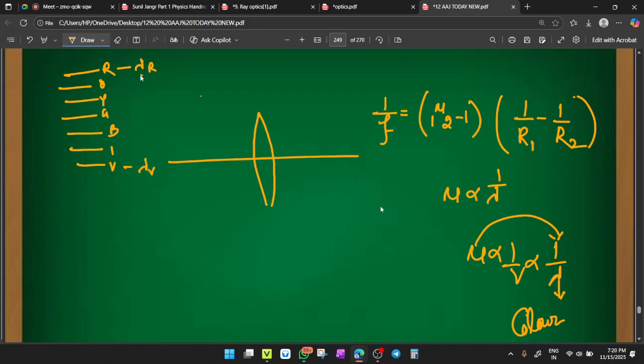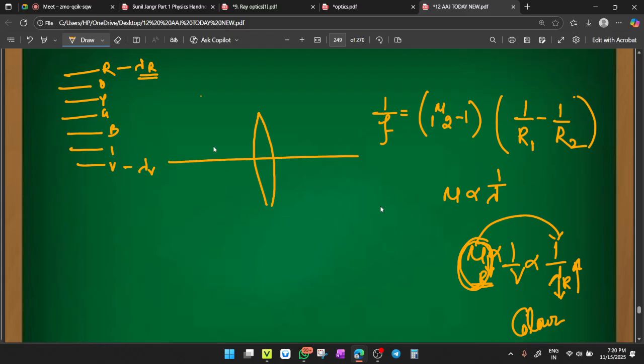For red color, there is a wavelength lambda red. Since lambda red is very high, mu, the refractive index for red color, will be very small.